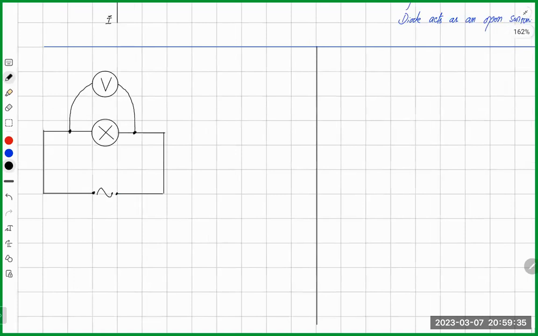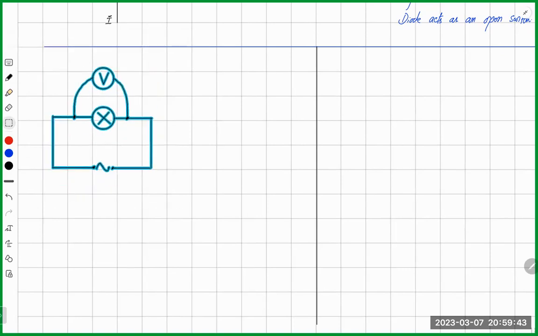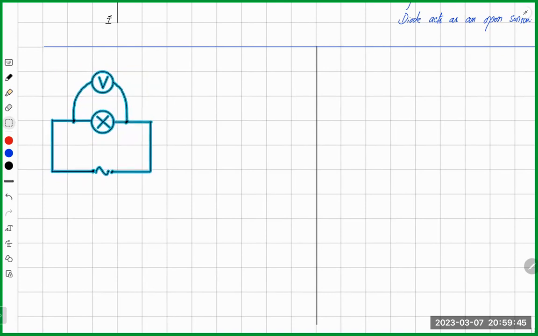So what will happen in this case? Now, if we record the reading on the voltmeter, we should expect this.